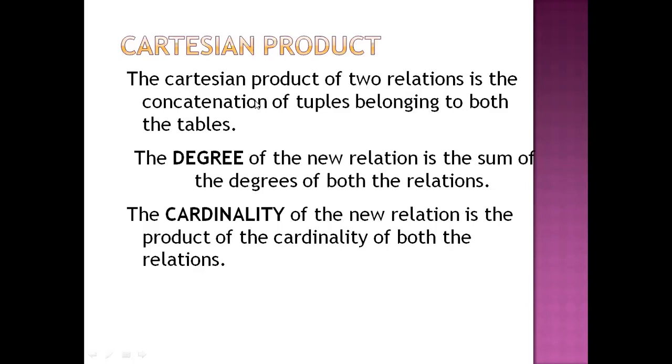One table and another table, both related to each other, is also called Cartesian product. The degree of the new relation is the sum of the degrees of both relations. The cardinality of the new relation is the product of the cardinalities of both relations. Cardinality is rows in a relation, degree is columns in a relation. So this is very important. Cartesian product means joining more than one table which belong to each other.